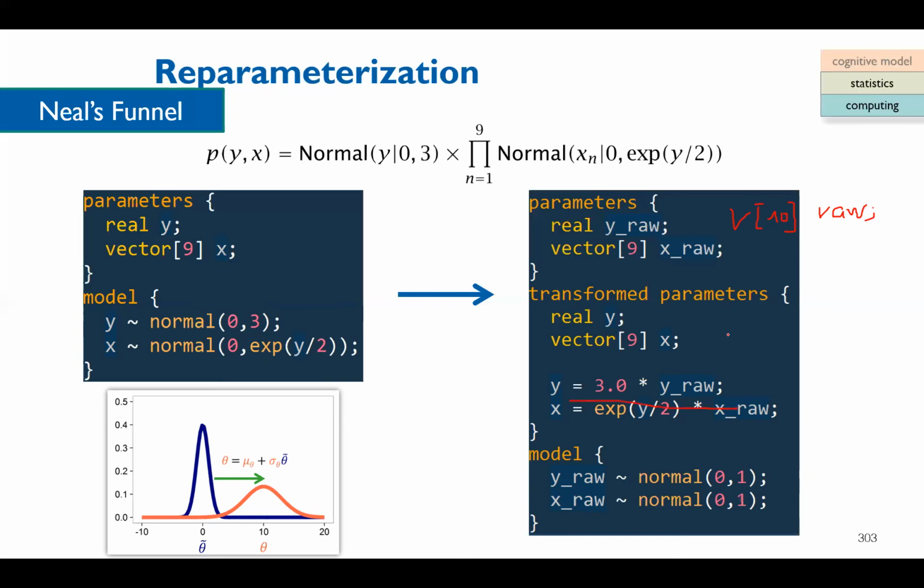And then this line will be y equals 3 multiplied by raw, but we assume that the first element of raw corresponds to the y variable, and then x will be the e to the power thing multiplied with raw, 2 to 10.